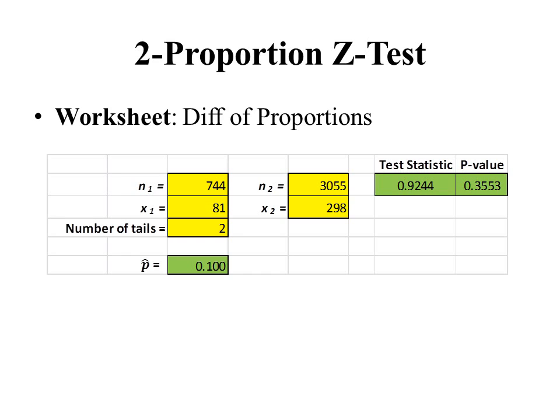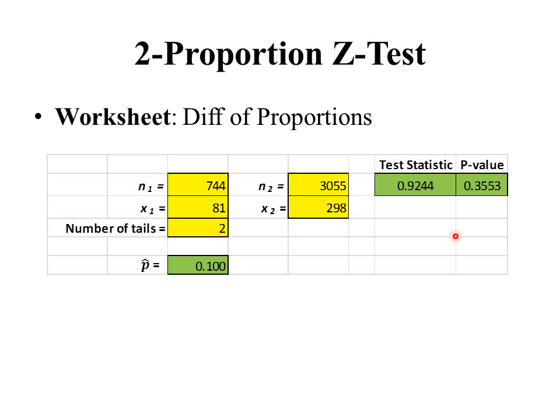It sounds kind of funny to call that a success, but remember that a success is a generic term meaning that we observed whatever it is we're interested in. Here we enter the number of tails. In this case, our alternative hypothesis is that p1 is not equal to p2, and so this is a two-tailed test. And down here we calculate this number that we call p-hat, which is described a little bit more in the textbook.